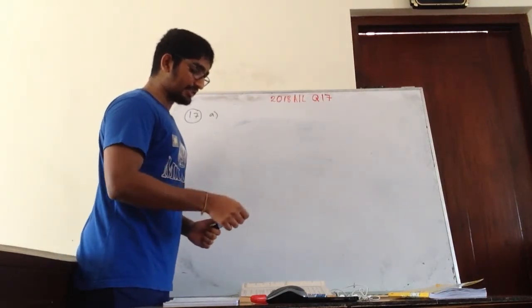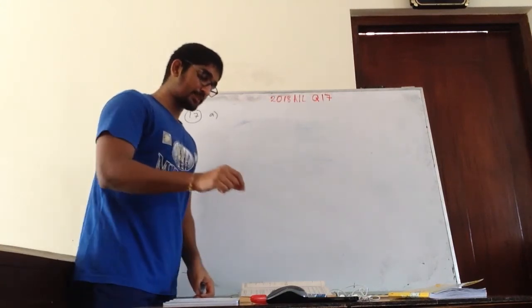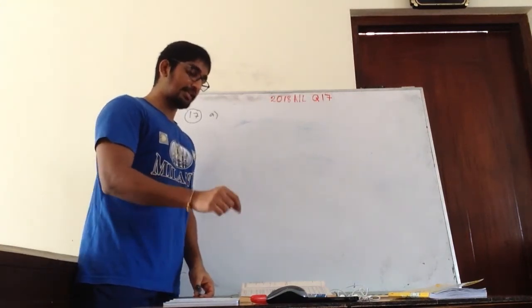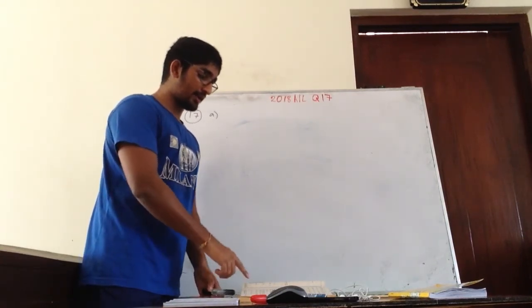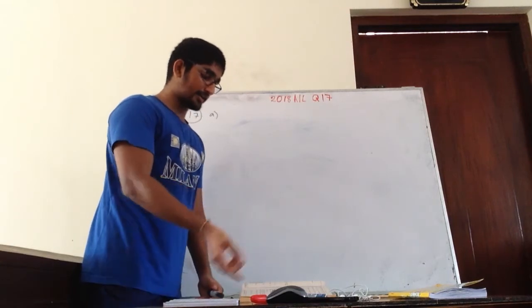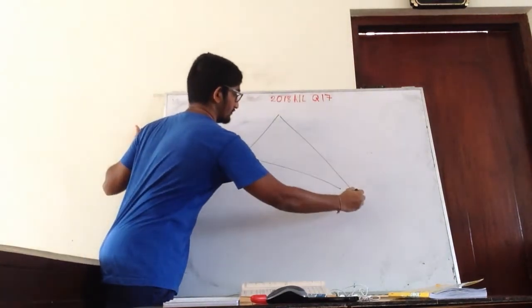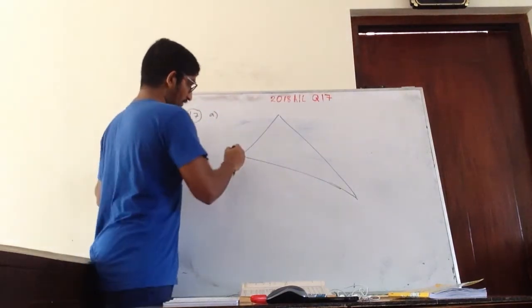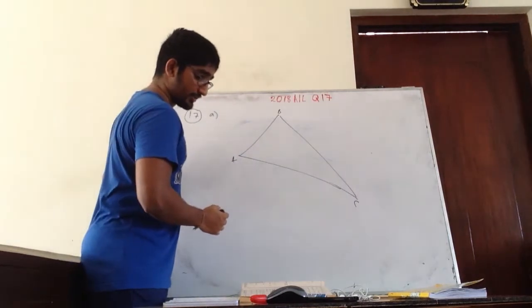let ABC be a triangle and let D be the point on BC such that the BD to DC ratio is m to n, where m and n are greater than 0. Right. So now let's draw this thing down. There's a triangle ABC.